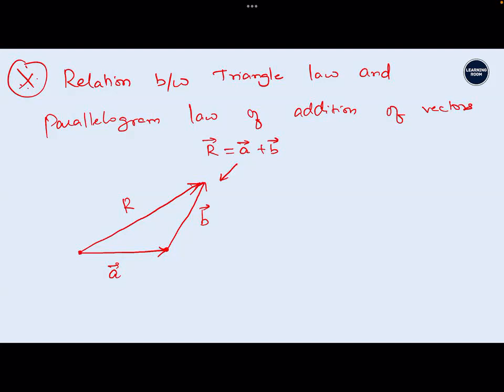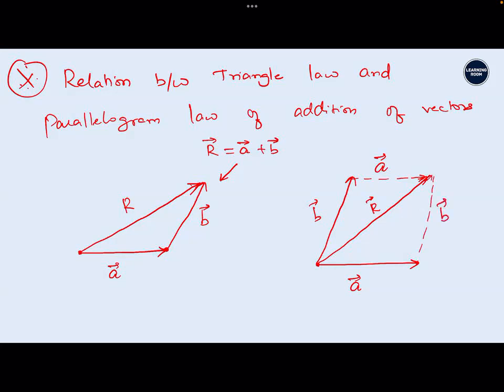Whereas with respect to parallelogram law, you have two co-initial vectors. So if this is A vector and this is B vector, then the resultant is given by the diagonal that is passing through the common tail of these two vectors. But what did we do in the construction part? We took a side A like this and we took a side B like this.